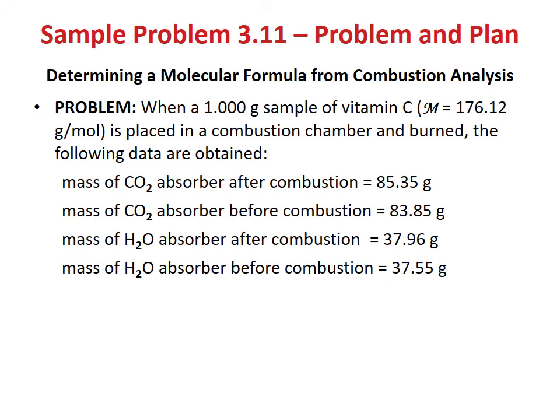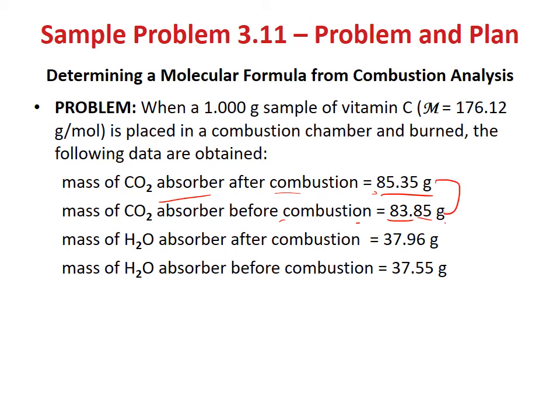Sample problem 11. When a 1 gram sample of vitamin C is placed in a combustion chamber and burned, the following data are obtained. Mass of carbon dioxide absorbed after combustion is 85.35 grams. Mass of carbon dioxide absorbed before combustion is 83.85 grams.